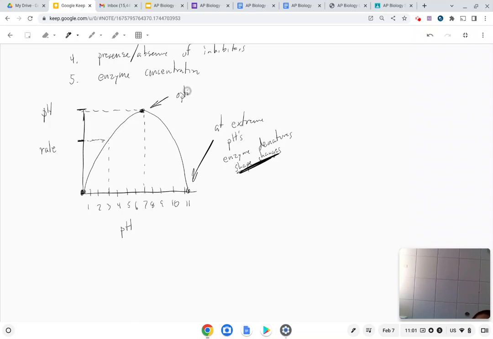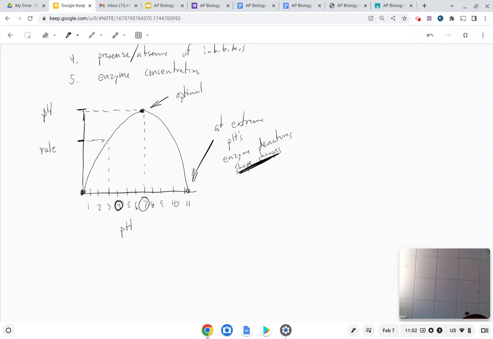Now, it's not always at pH 7. For example, there are enzymes in the lysosome that have an optimal rate of reactivity at a lower pH. They're designed to work that way. So it really depends on the enzyme.